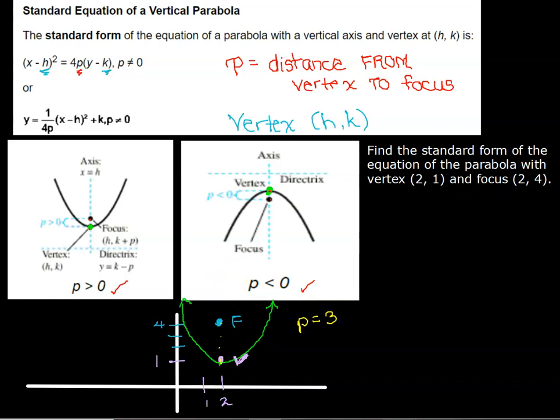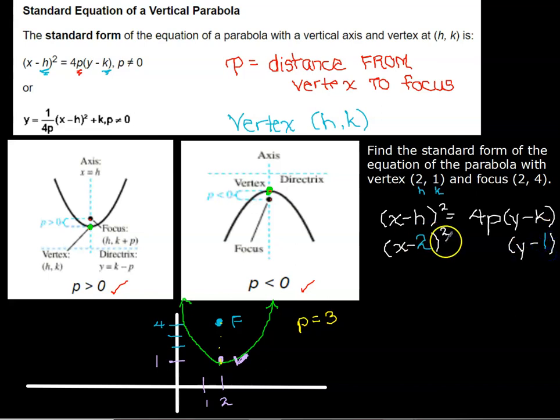So first thing I'm going to do is write the standard form of the equation of a parabola, which is x minus h squared equals 4p times y minus k. Now the vertex has already been given to me, and I know that the vertex is known as h and k, so I already have h, which is 2, and k, which is 1. I'm going to bring down the x and y because, again, those represent any point on the graph itself, so you leave those as x and y.